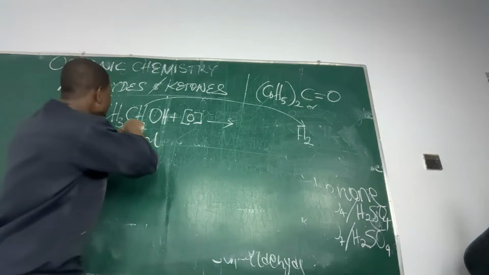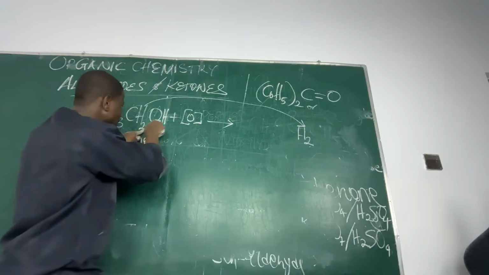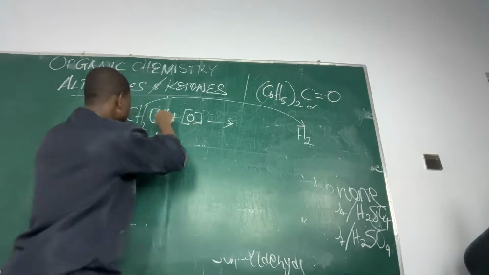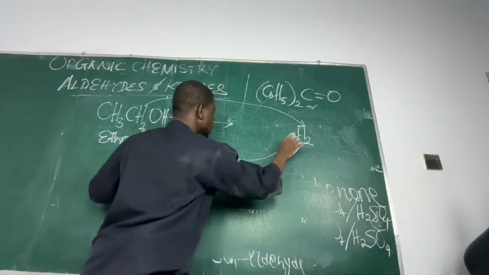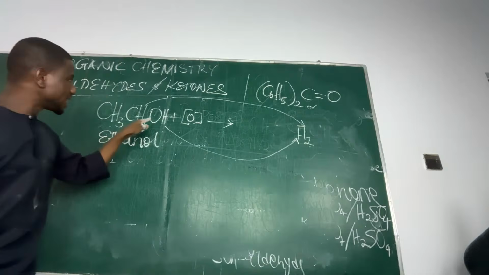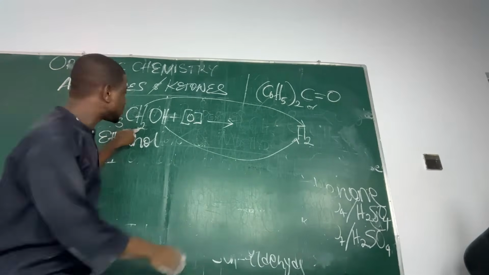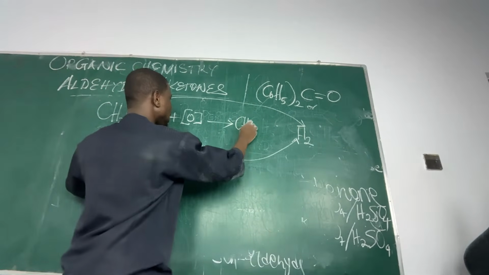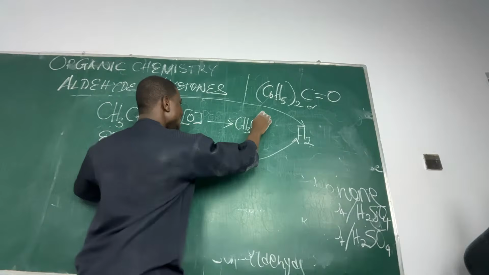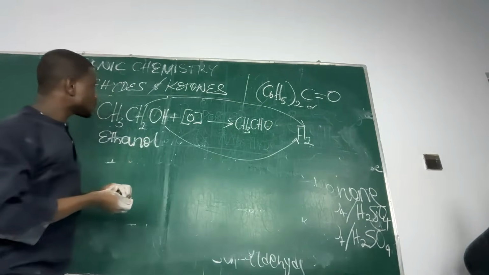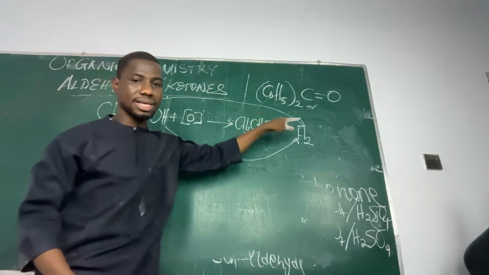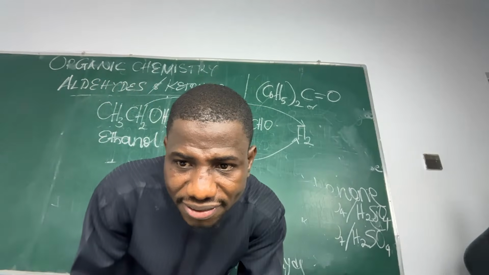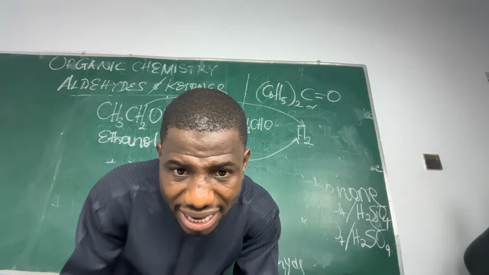Or you can say, let's remove one hydrogen here and one hydrogen here, so making it two. We are left with CH3CHO. I removed one hydrogen from here. Are you cleared up to that point?